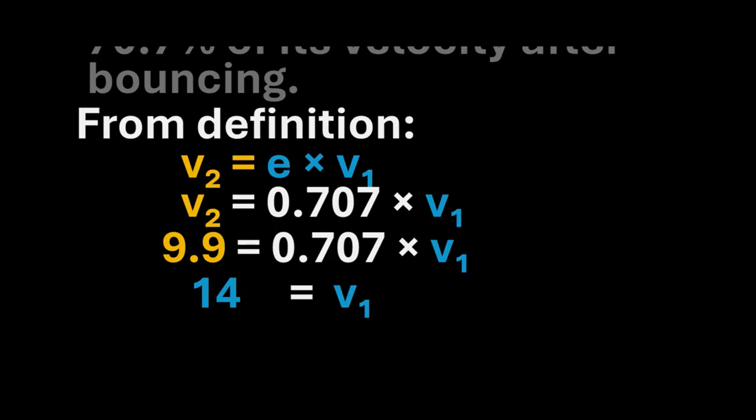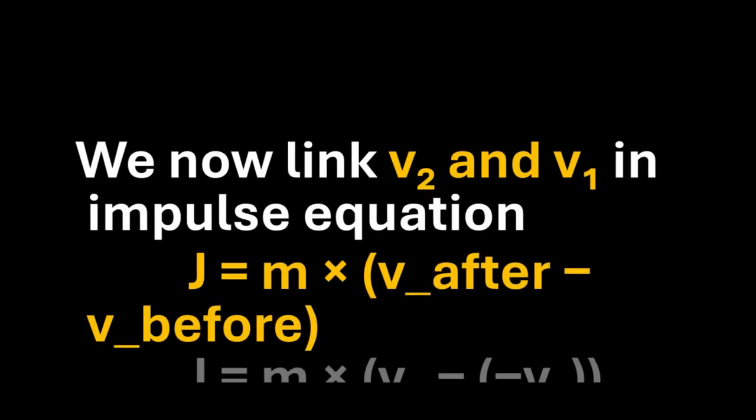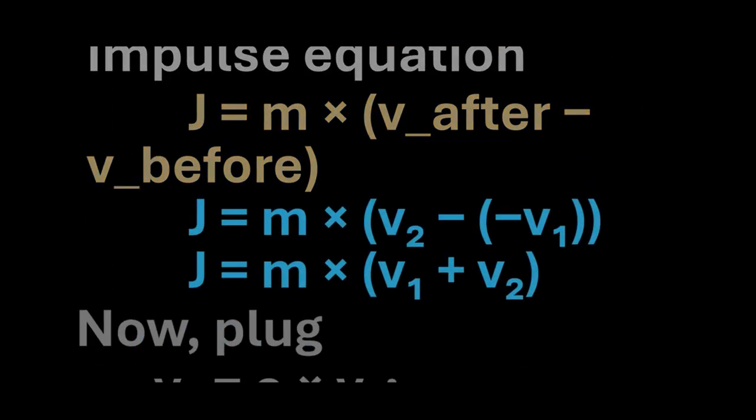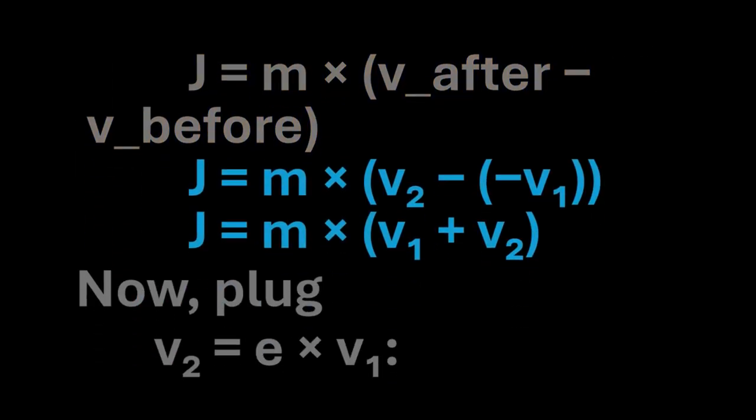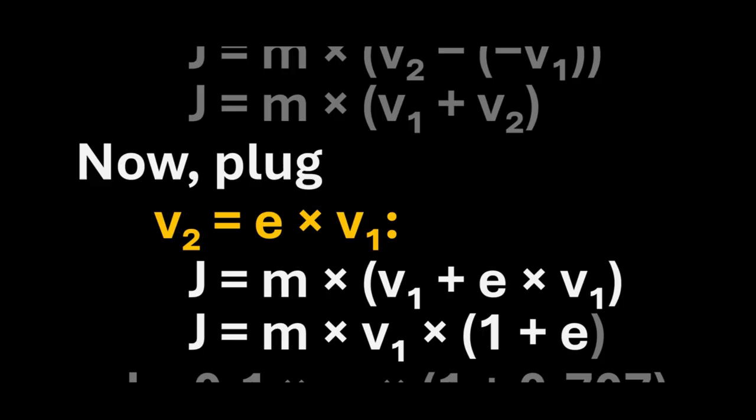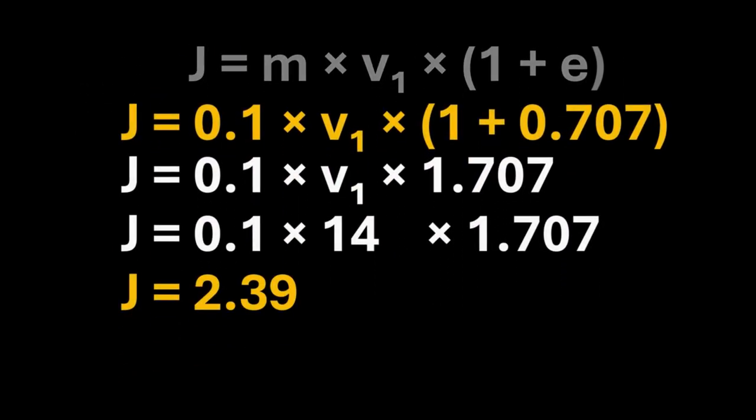So now, once we have V1, we can link V2 and V1 to find out the impulse in the equation. Why? Because impulse J is mass into velocity final minus velocity initial, which is V2 minus V1, minus times minus is plus. So this is M times V1 plus V2. Now, what is V2? V2 is E times V1, right?